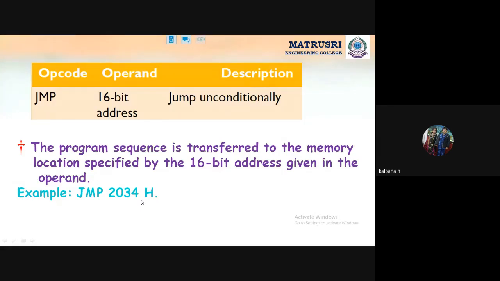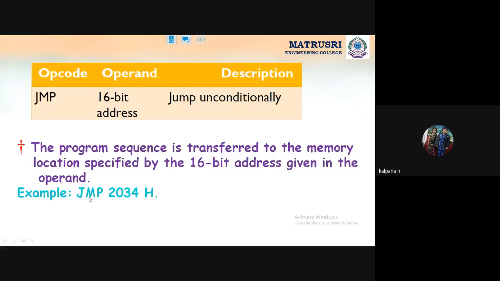The first instruction in the branch instructions is JMP followed by a 16-bit address. The program sequence is transferred to the memory location specified by the 16-bit address given in the operand. JMP is the mnemonic and the operand here is 2034, the address location.